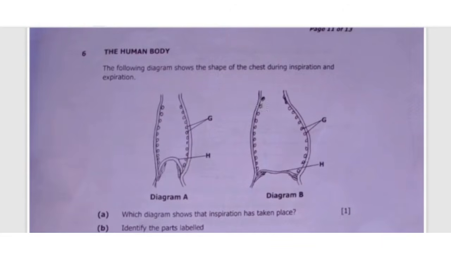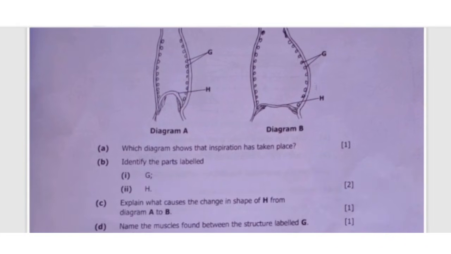Okay, we go to question number 6, which was coming from the topic of human body. So the question is, the following diagram shows the shape of the chest during inspiration and expiration.